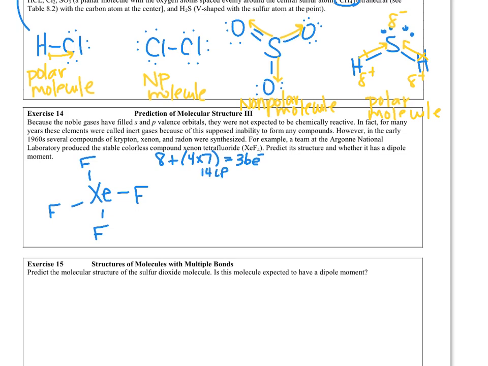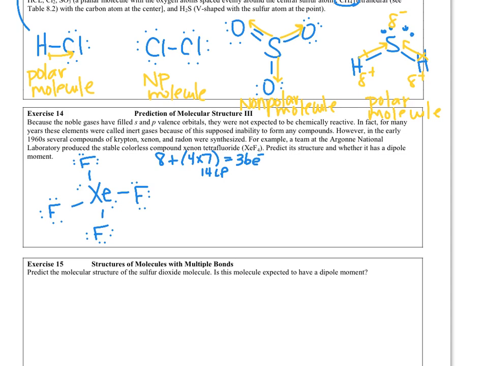So when I start filling in my lone pairs, I've got 1, 2, 3, 4, 5, 6, 7, 8, 9, 10, 11, 12, and then 13 and 14. So that's that expanded octet we talked about. Fluorine, being a halogen, so small, can't have an expanded octet.